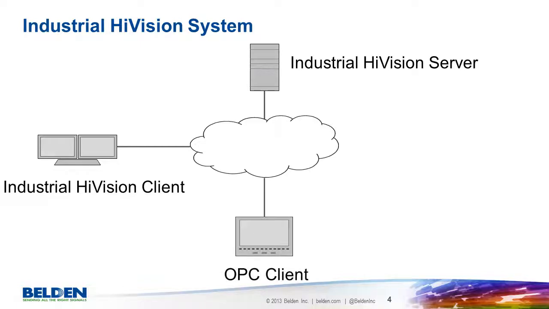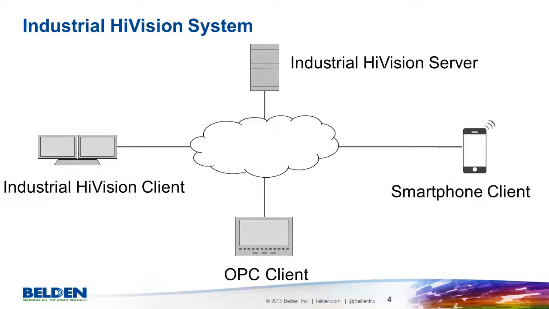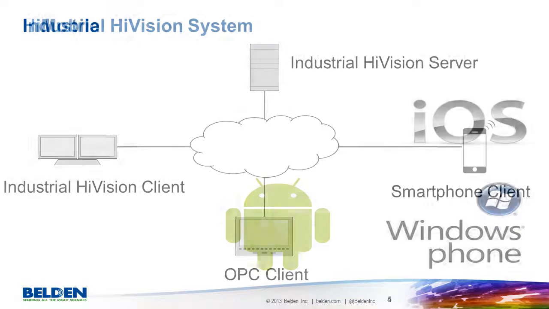In addition to SNMP, the Industrial HiVision server supports OPC-DA and OPC-UA, thereby making network information available to OPC clients. The focus of this video is to look at a third client option, a smartphone. This smartphone app from HiVision is called HiMobile.